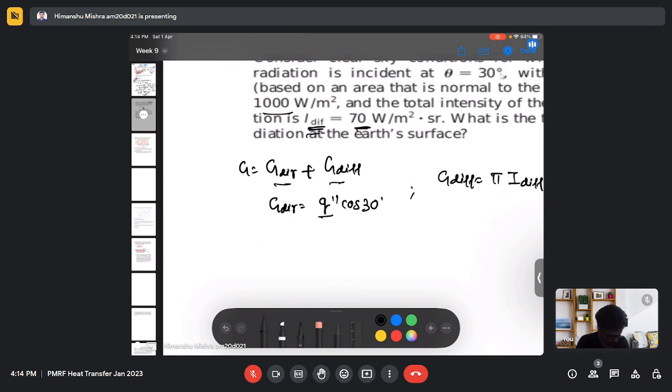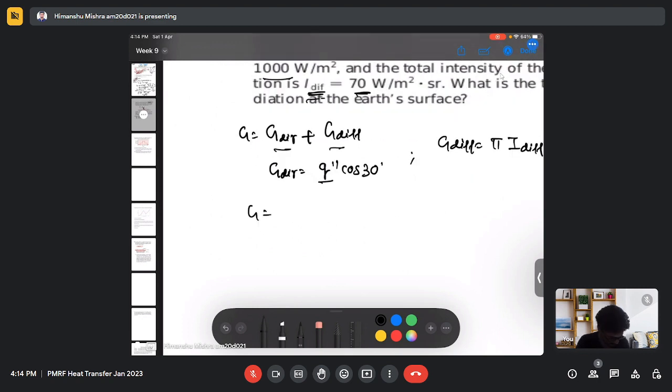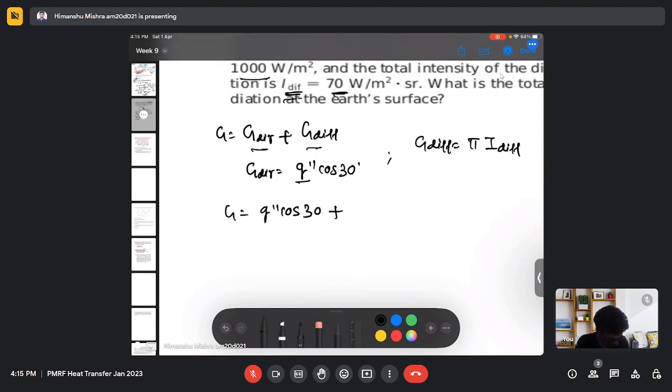So my total irradiation will be the direct part plus pi multiplied by the intensity due to the diffusive nature.